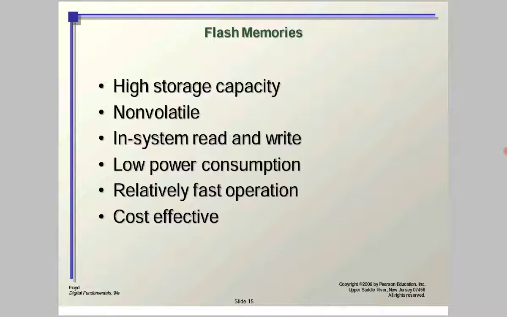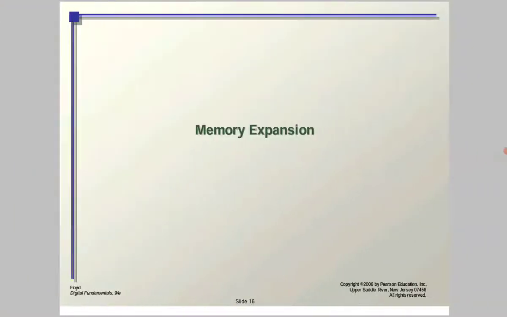Secondary memories generally work somewhat less fast. So cache memories are generally placed in between a processor or CPU and the IO devices.